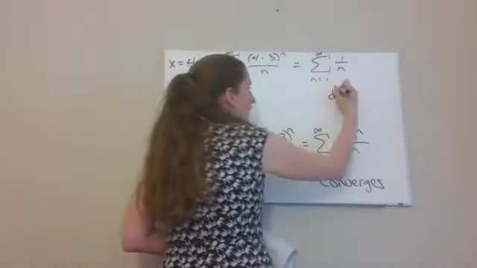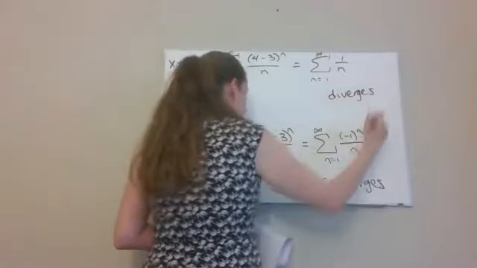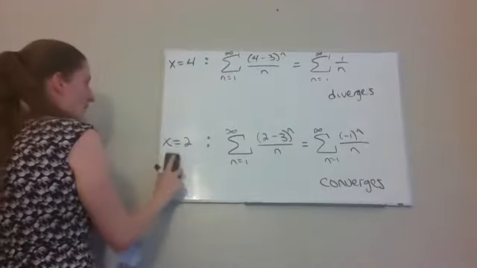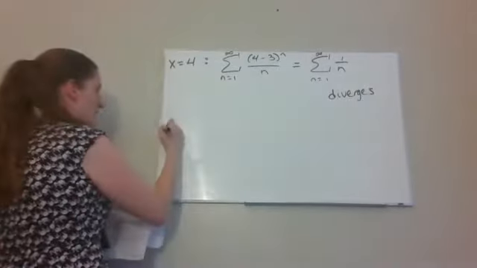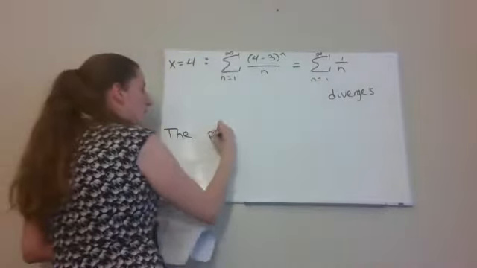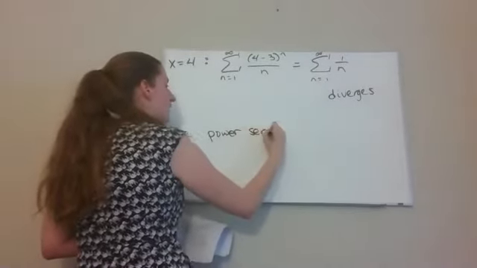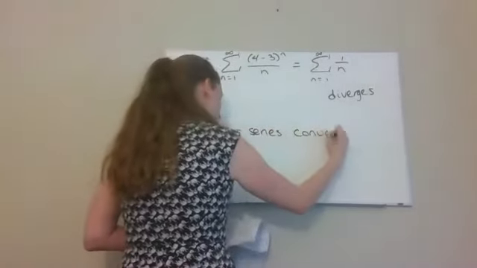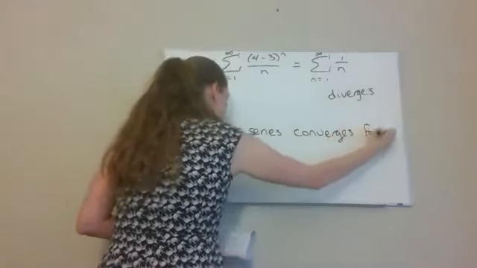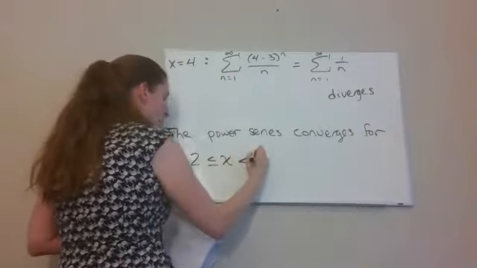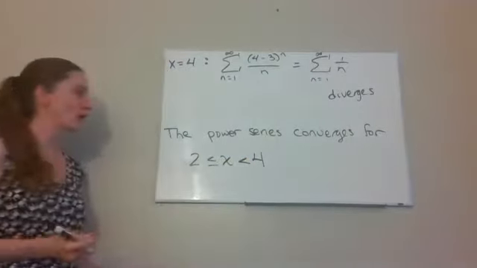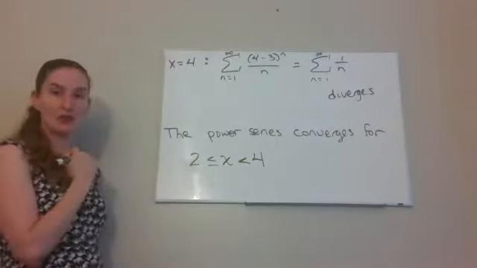That diverges. So now I know that my original series, our power series, converges for x that are between 2 and 4, including 2, but not including 4.